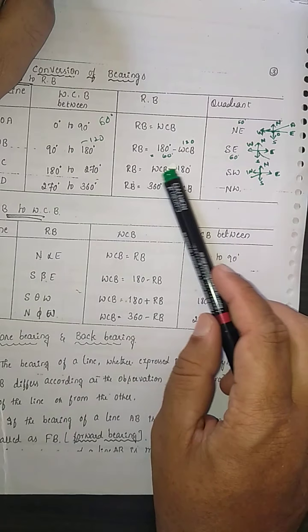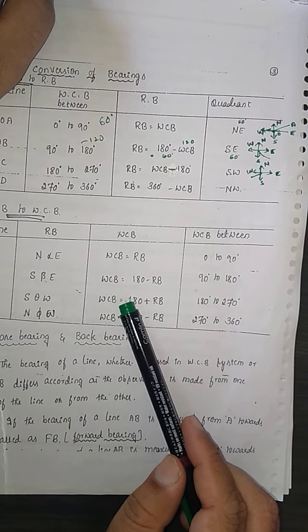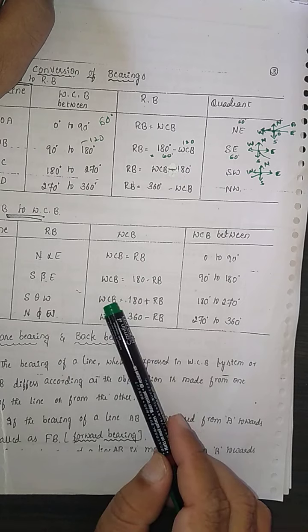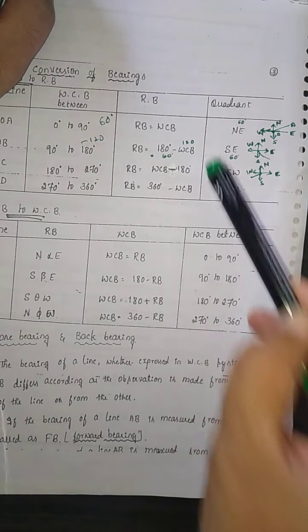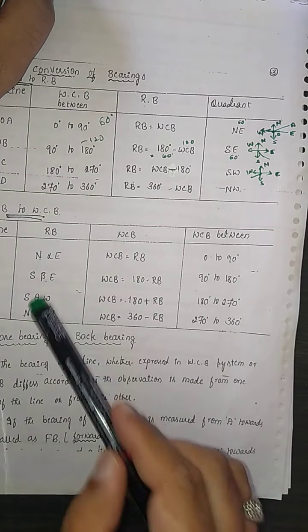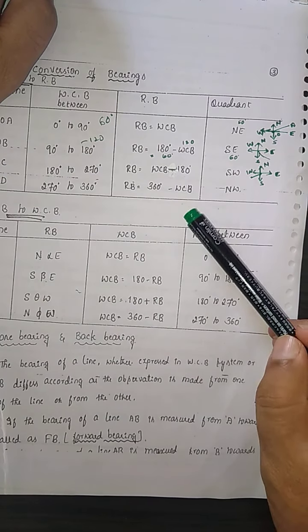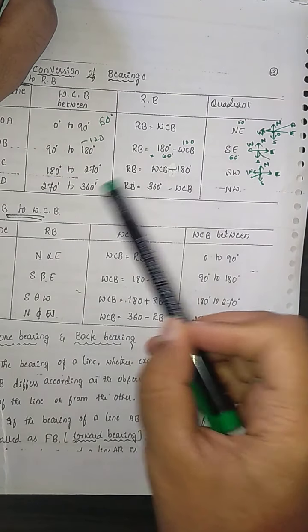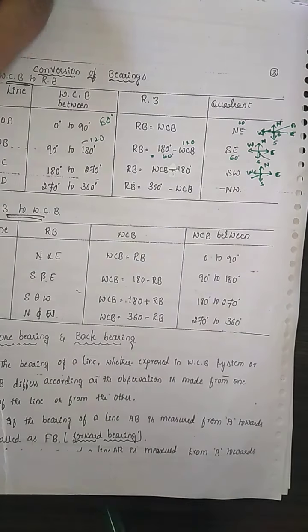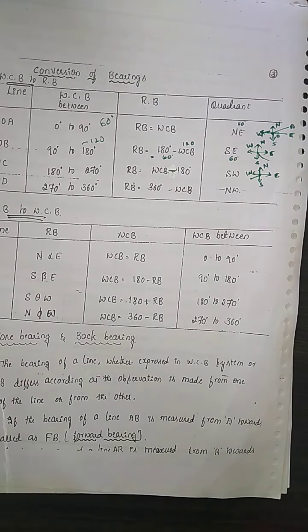Then again you want this particular thing in your whole circle bearing. So whole circle bearing here will become 180 plus RB. If you know this formula, then you can easily calculate this. Then WCB into your reduced bearing. So again you are going to take WCB this side, 360 minus RB. So this is how you are going to have the conversion of your whole circle bearing to reduced bearing and reduced bearing to your whole circle bearing.